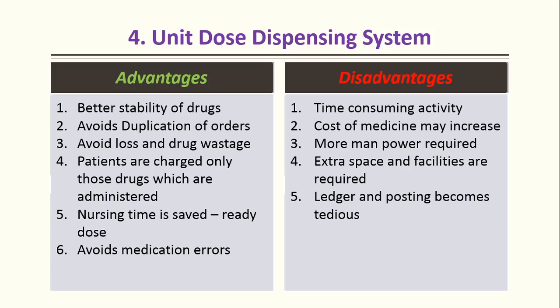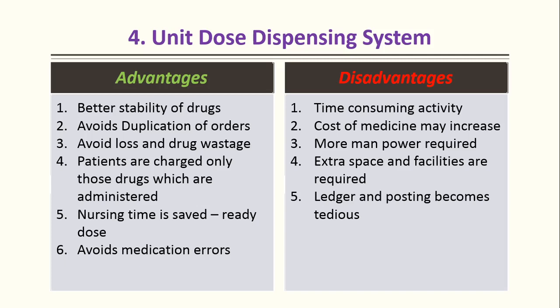Definitely the cost of medicine will increase, because we are transferring the medicines from one container to another, and labeling is also required there. So definitely it increases the cost of that particular medicine, and more manpower is required.